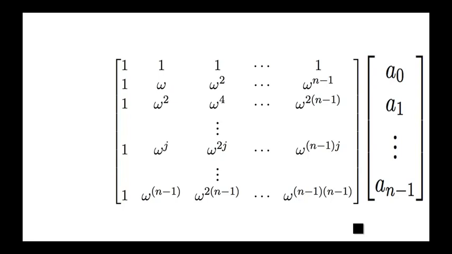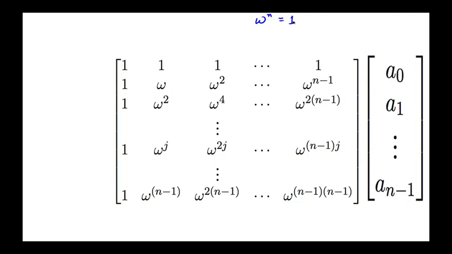So first, remember what the Fourier transform matrix looks like. It's an n by n matrix whose entries are the primitive nth roots of unity. So omega is a complex number such that omega to the n is equal to 1.